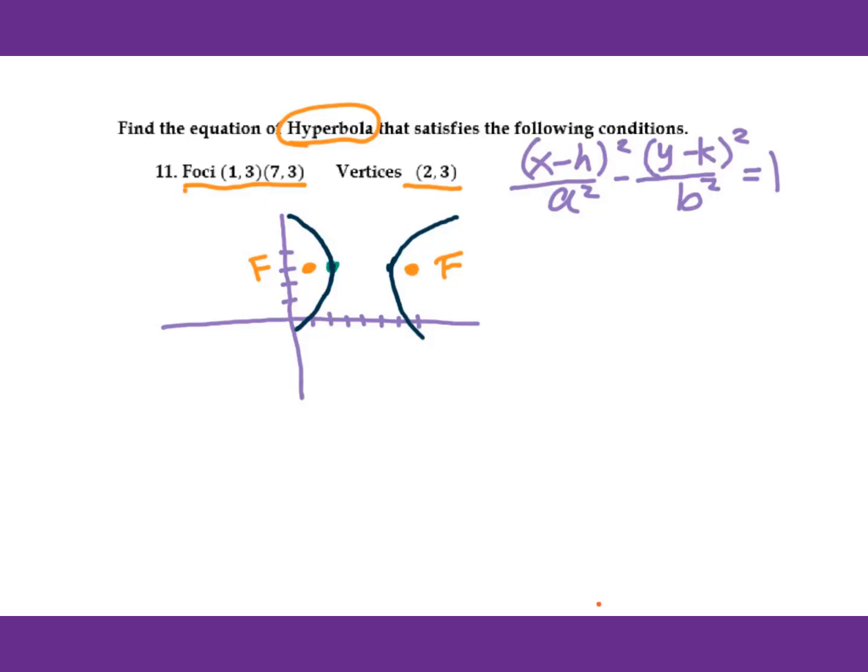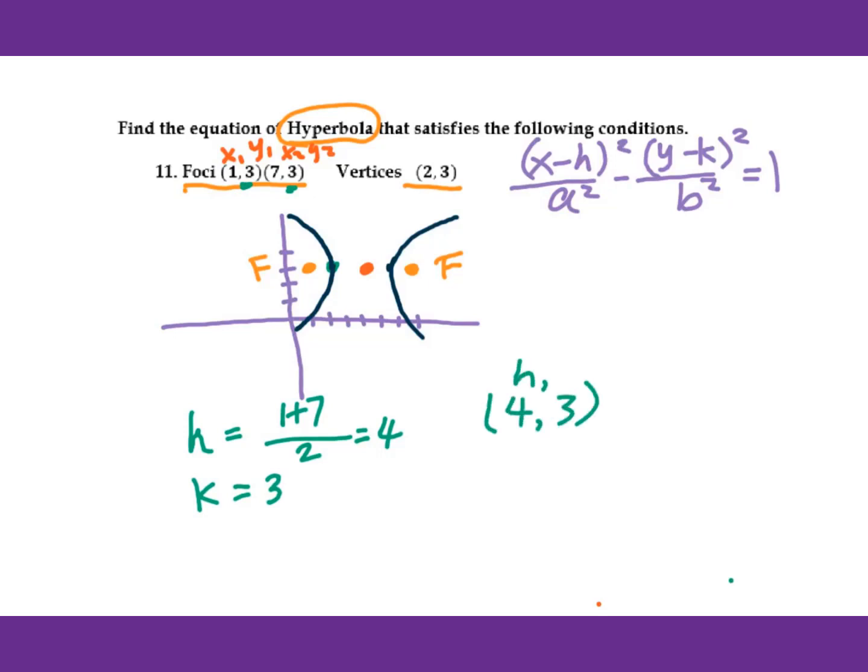Find the center by doing the midpoint of these two foci. I can label this x1, y1, x2, y2. Therefore, h equals (1 plus 7) over 2 equals 4. k definitely is 3 because you got 3 here, 3 here. (4, 3) will be (h, k). Then we need to figure out this a.